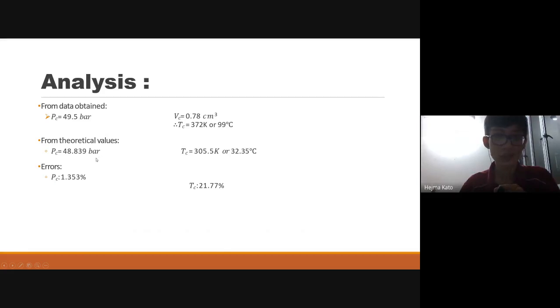But in theoretical value, our critical pressure is a bit lower than that, and our critical temperature differs a lot from what we obtained. So the error of critical pressure is about 100.4%, and our critical temperature error is 22%.